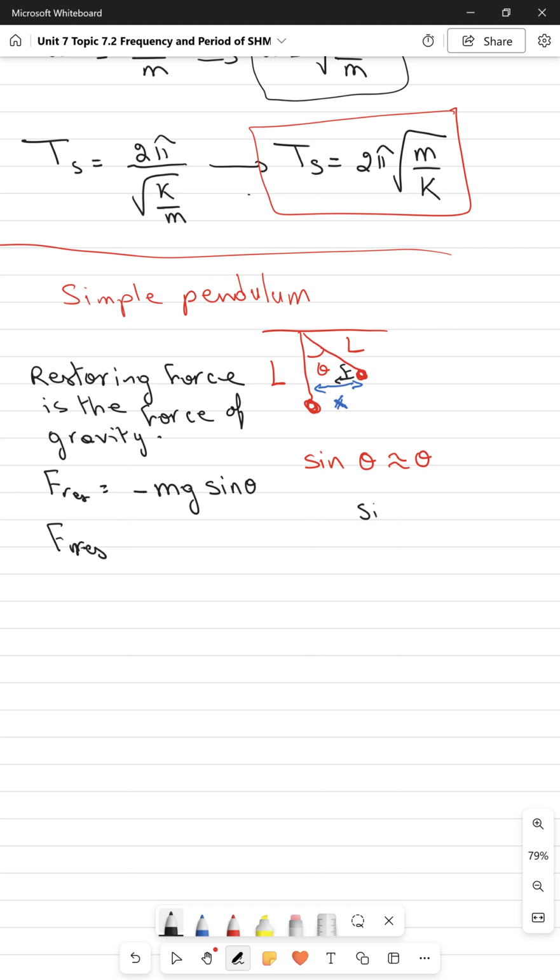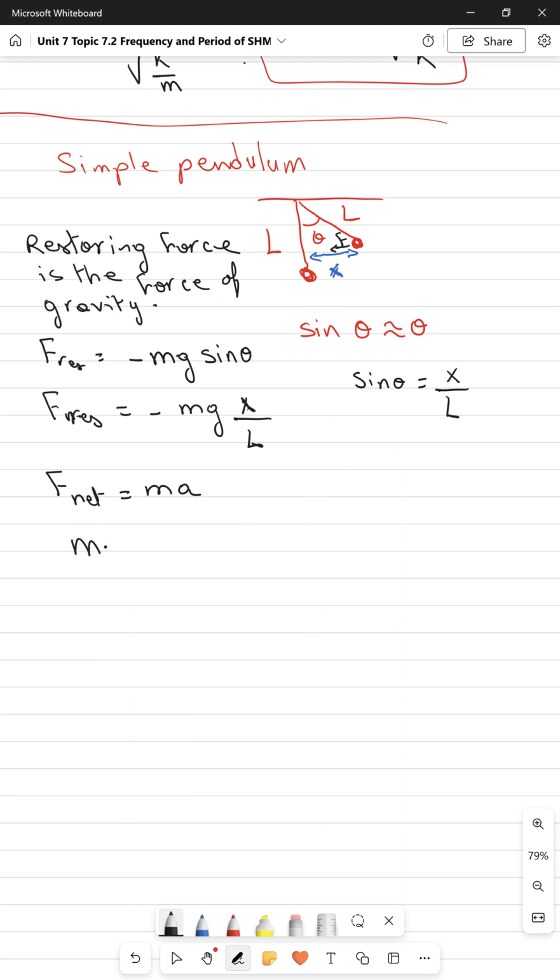We see that sine theta is equal to opposite over hypotenuse, so x over L, and it will be equal to minus mg x over L. And by Newton's second law, we know that F net equals ma. So ma equals minus mg x over L. m and m cancel. So a equals minus g x over L.